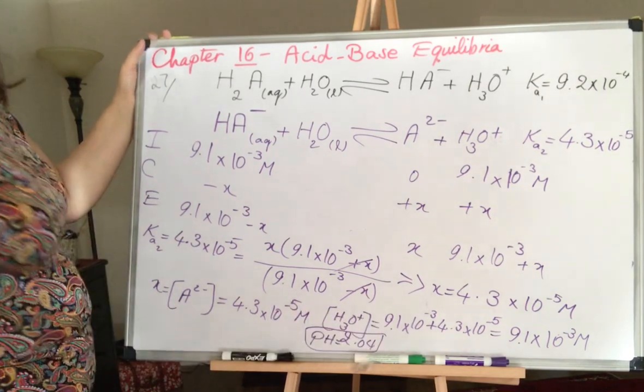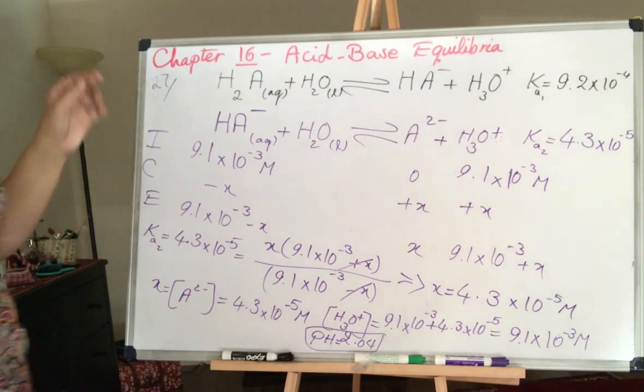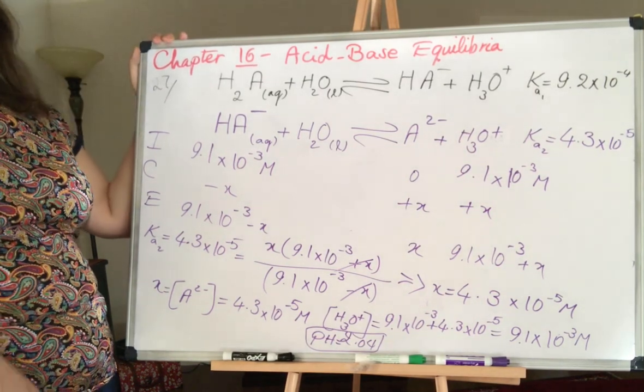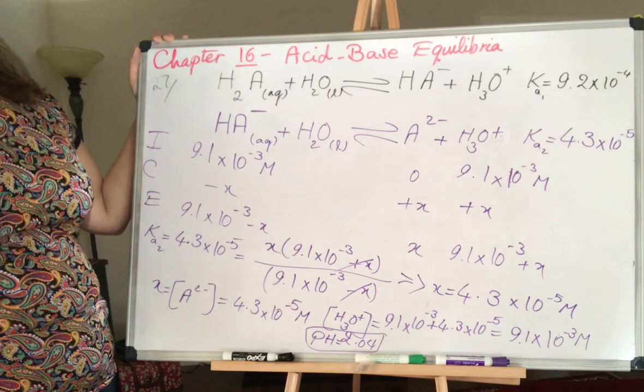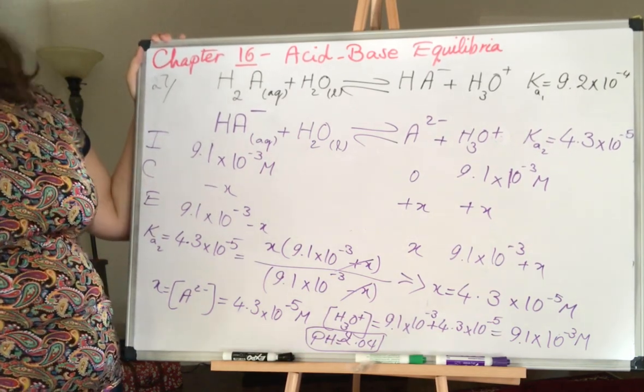Unfortunately, I don't have that much space on my board. So that's what you do when you deal with monoprotic and diprotic acids. We normally don't work with the triprotic acids because that's going to be much more calculation, and that's enough. That's the longest that you can get.